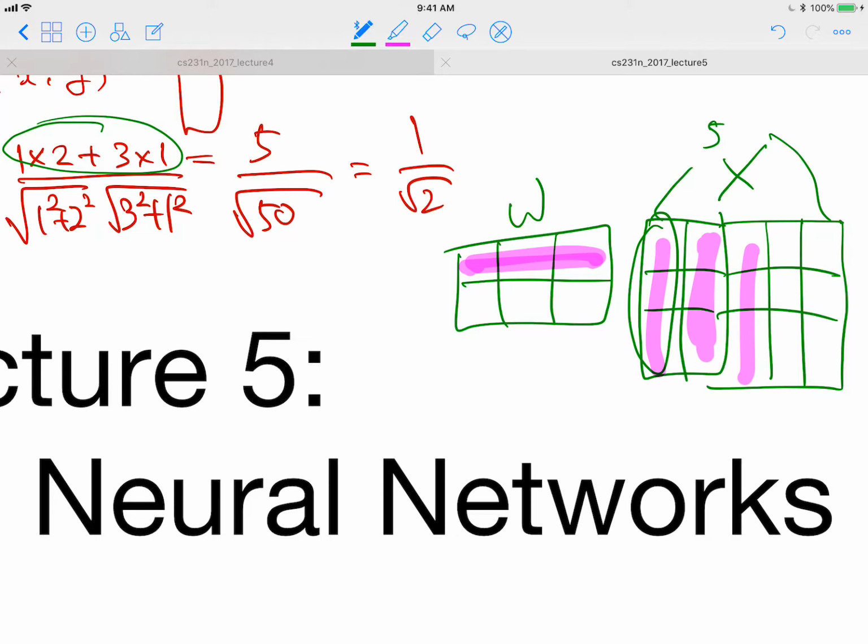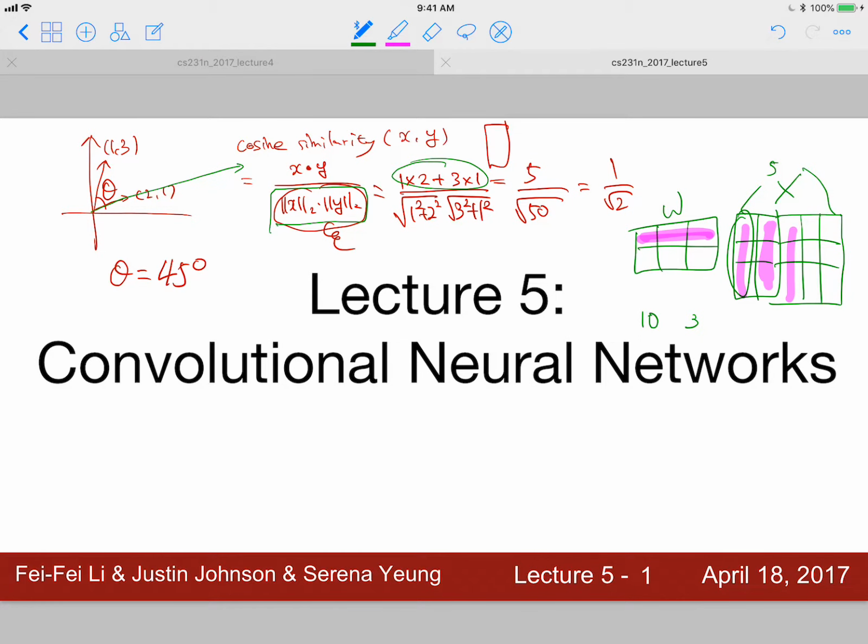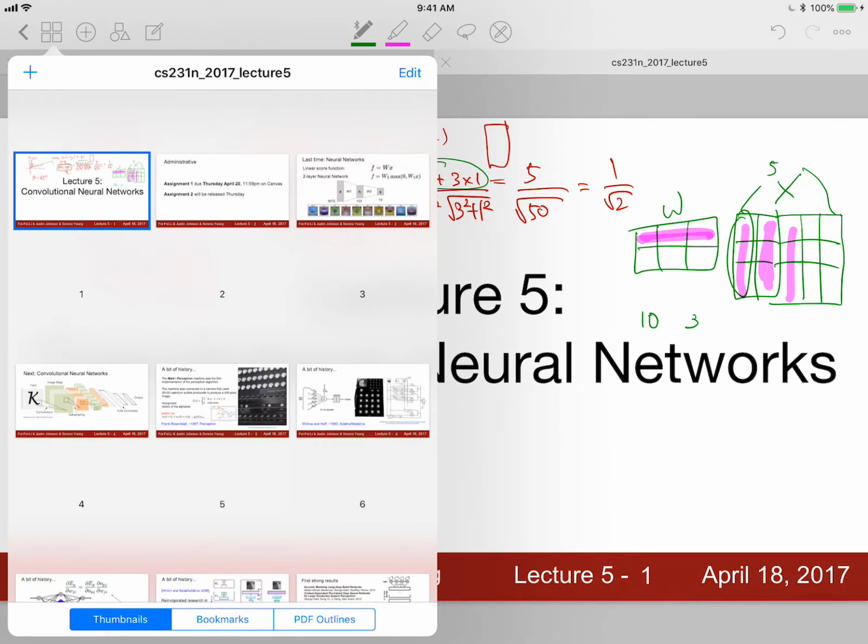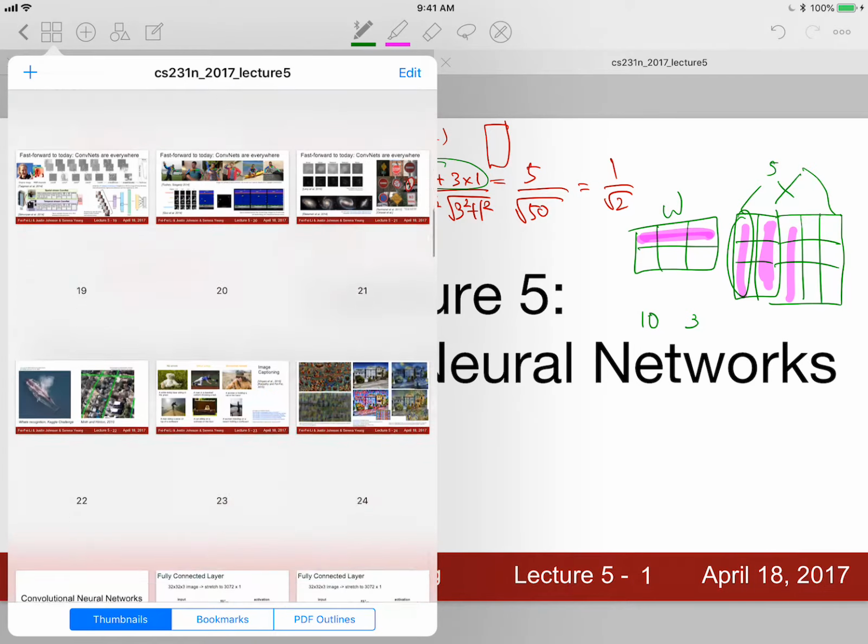So how many inner products do we have here? 10 inner products between two three-dimensional vectors, right? So it's all about the inner product, and the GPU is nothing but the device that does this inner product computation in a highly parallel way. Okay, so that's the introductory justification of the use of the inner product in the case of convolutional neural nets. And the convolutional neural net is also an inner product.